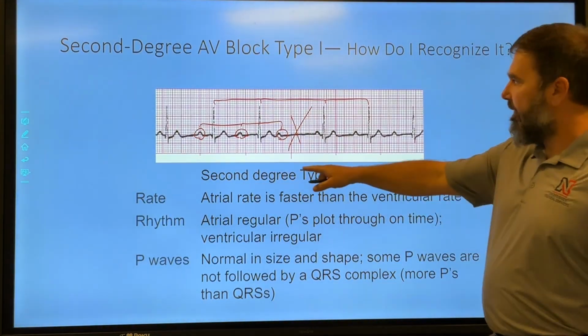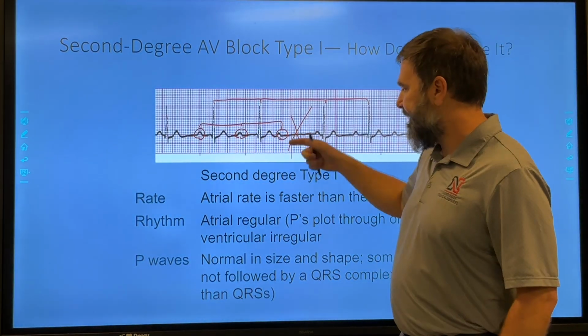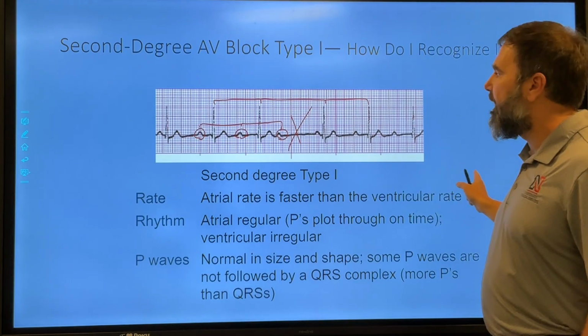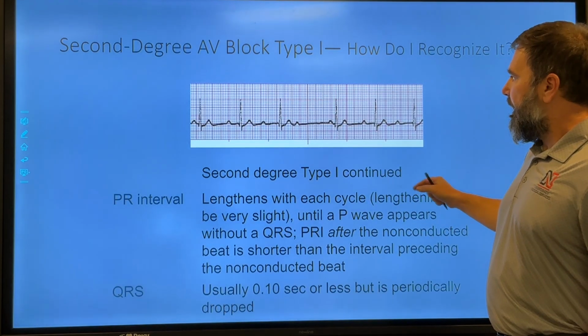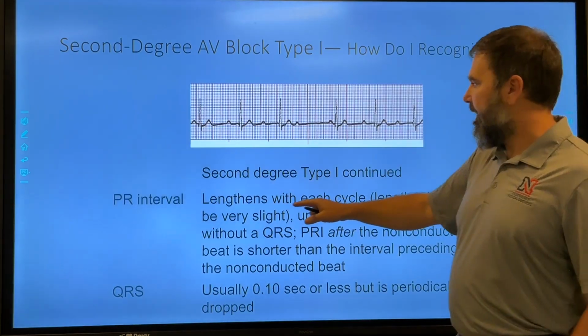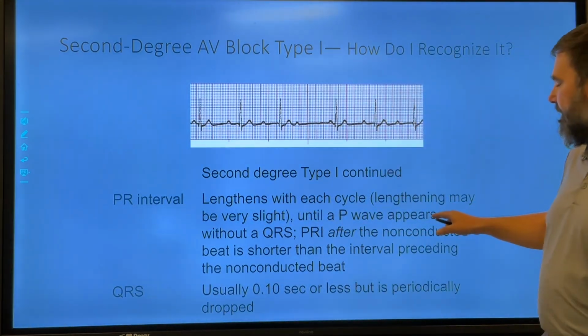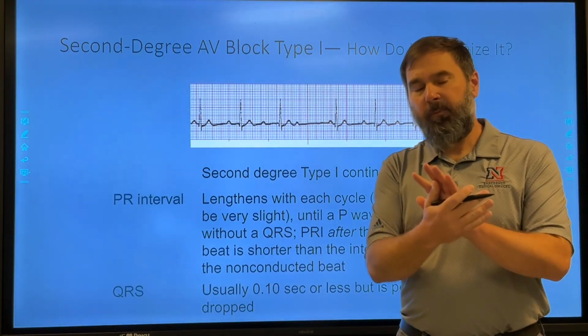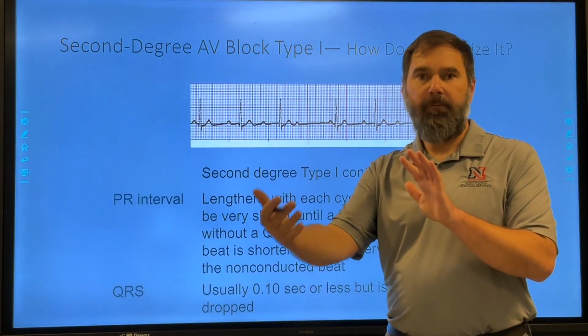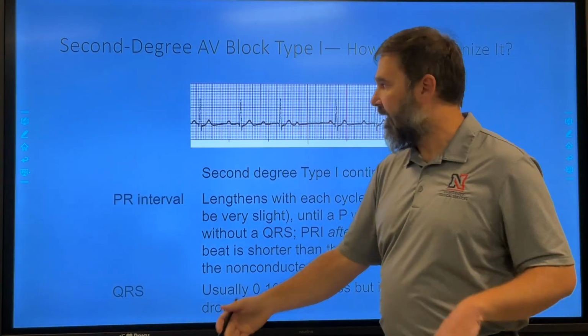P waves: note the P waves are upright, smooth, rounded, they're normal sinus P waves. And then the PR interval lengthens with each cycle. So again, what I was saying, you may see it increase 0.12, 0.14, 0.16, 0.18, and then we drop a complex.